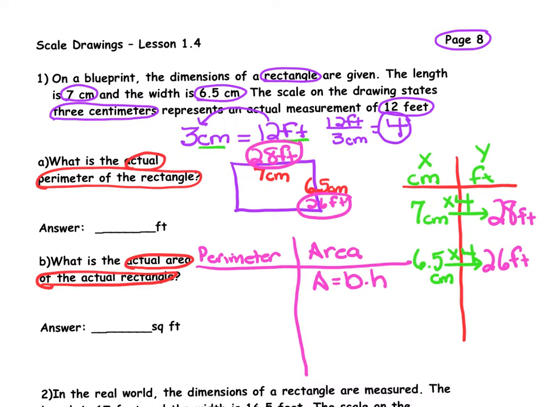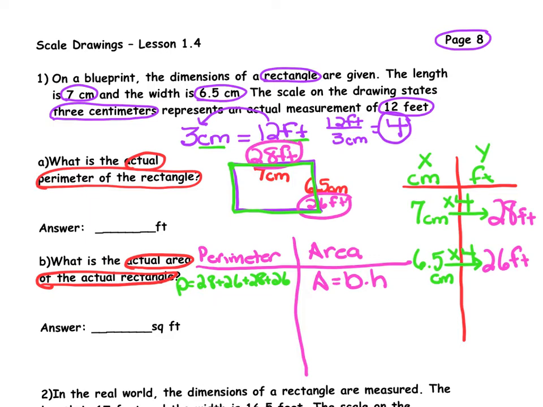For the perimeter, we are going to think about taking a perimeter walk and adding up 28 plus 26 plus 28 plus 26. Calculate the perimeter, and when you're done calculating both the perimeter and the area, you can move on to problem number 2.